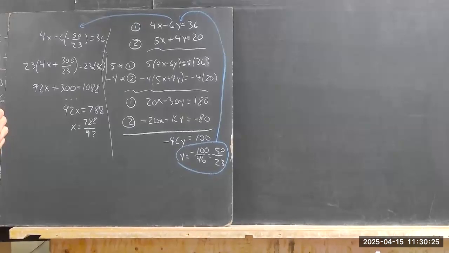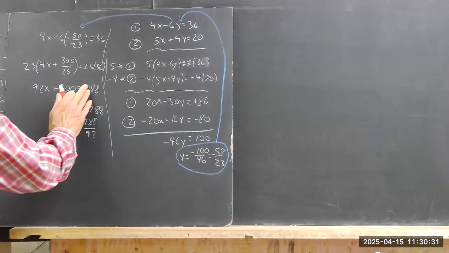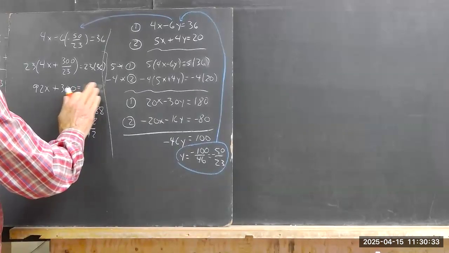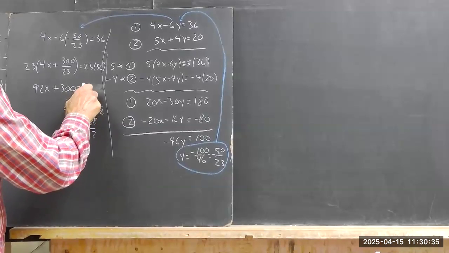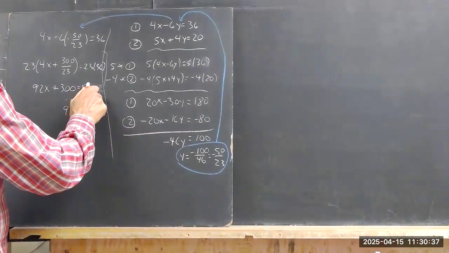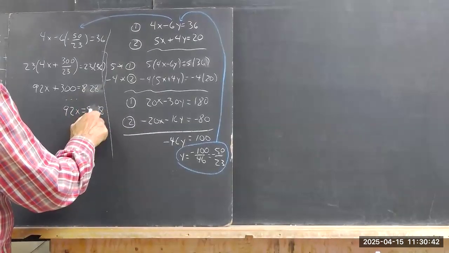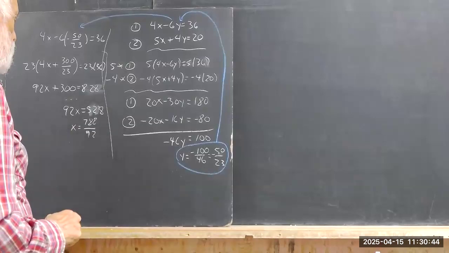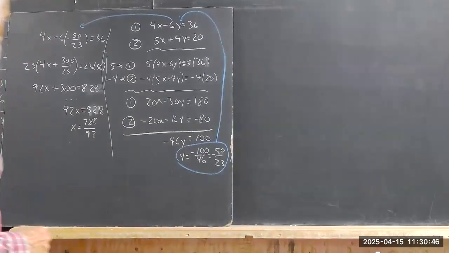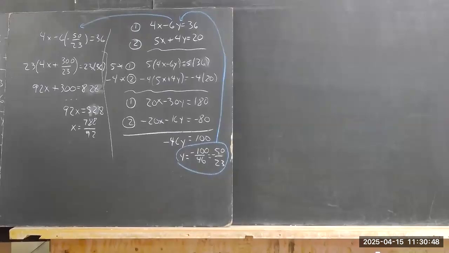Oh, wait a minute. 3 times 36 is 108. $528. And 23 goes into 528.